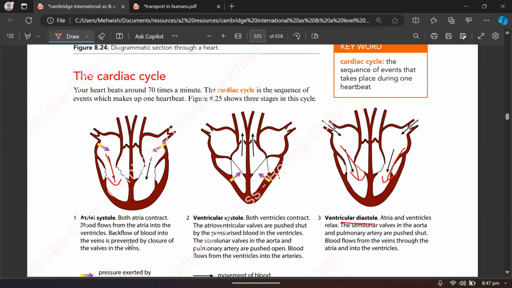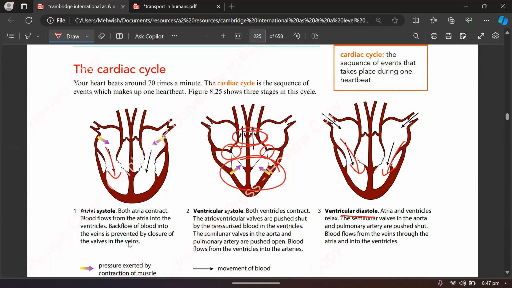And ultimately, ventricular systole is happening here, and this causes the atrioventricular valves to close and the semilunar valves to open. This opening of the semilunar valves and closure of the atrioventricular valves is taking place just because of the direction of the flaps, or you can say the direction of the valves present here.